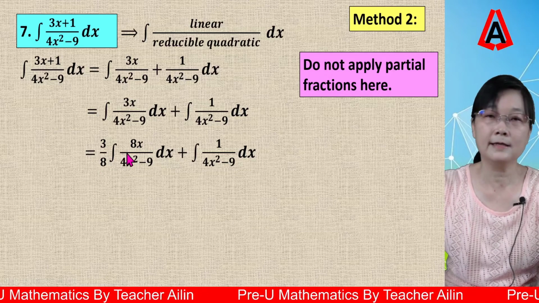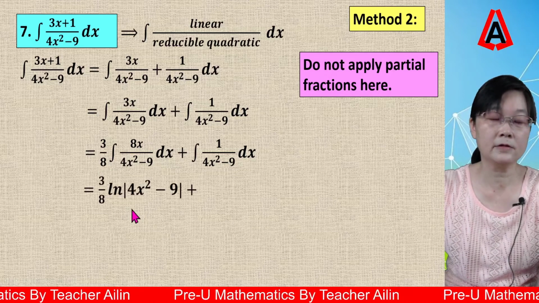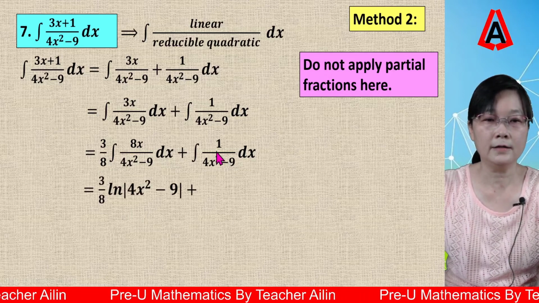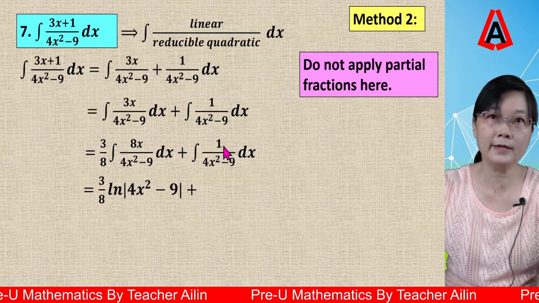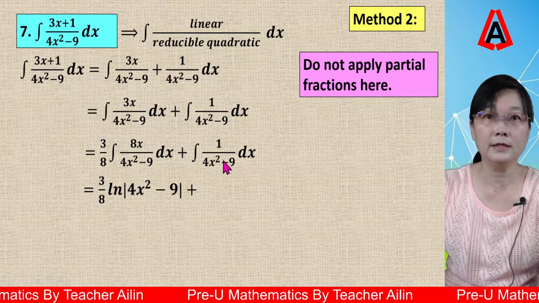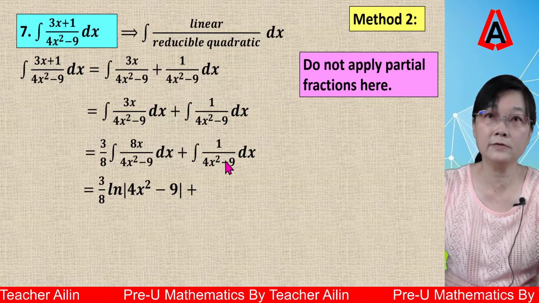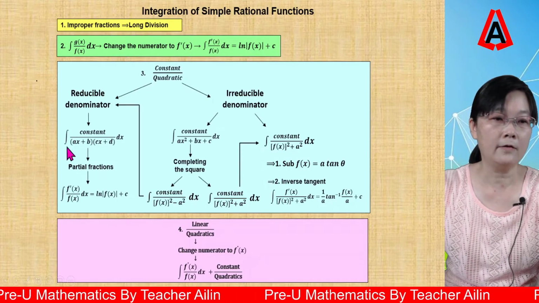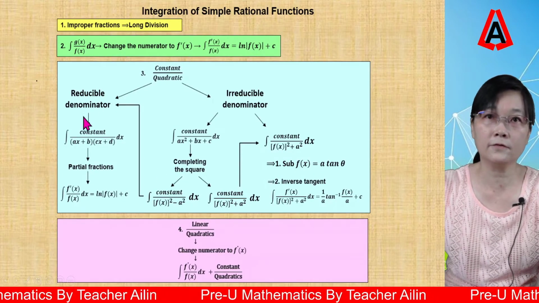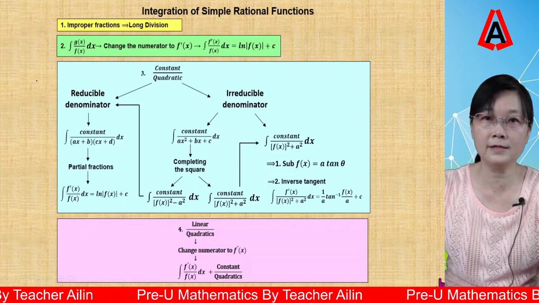For this, I can easily integrate and it becomes ln. For this other part, the rational function is in the form where the numerator is a constant and the denominator is a reducible quadratic, so according to the mind map, I'm going to use this method to find the integration of this part.